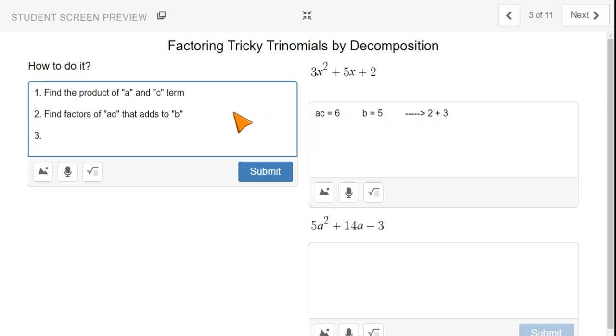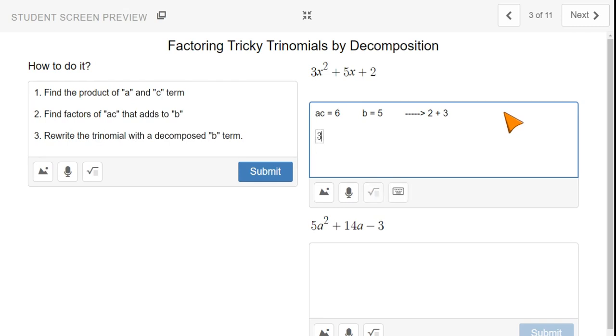Then we're going to rewrite the original trinomial, but instead of the middle term, we're going to decompose it and write the form of the factors that add up to B. So when I rewrite it, I have 3x squared plus 2x plus 3x plus 2.